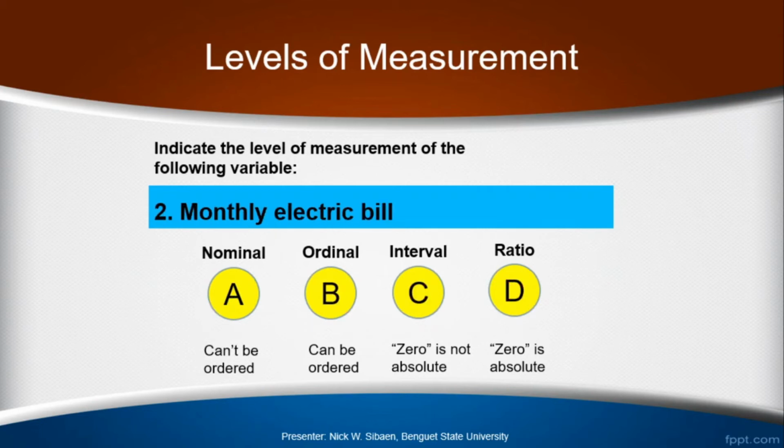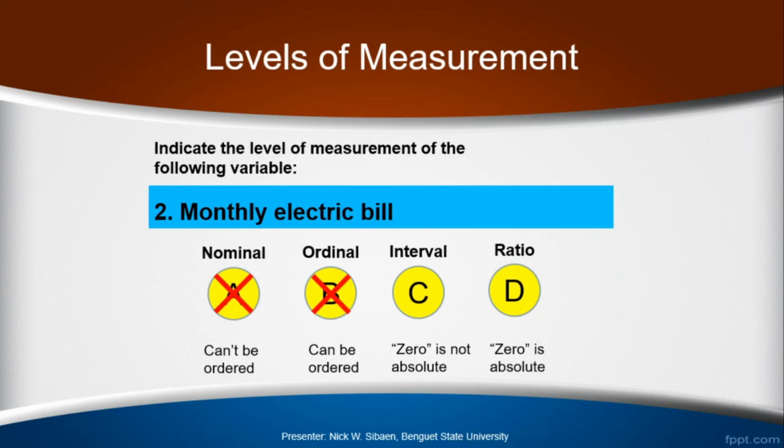Another variable, monthly electric bill. Is this numerical or categorical? When you say bill, it's an amount that you have to pay. So it's associated with numbers. It's an amount. That's why we can cross out nominal and ordinal, because nominal and ordinal variables are categorical, not numerical.